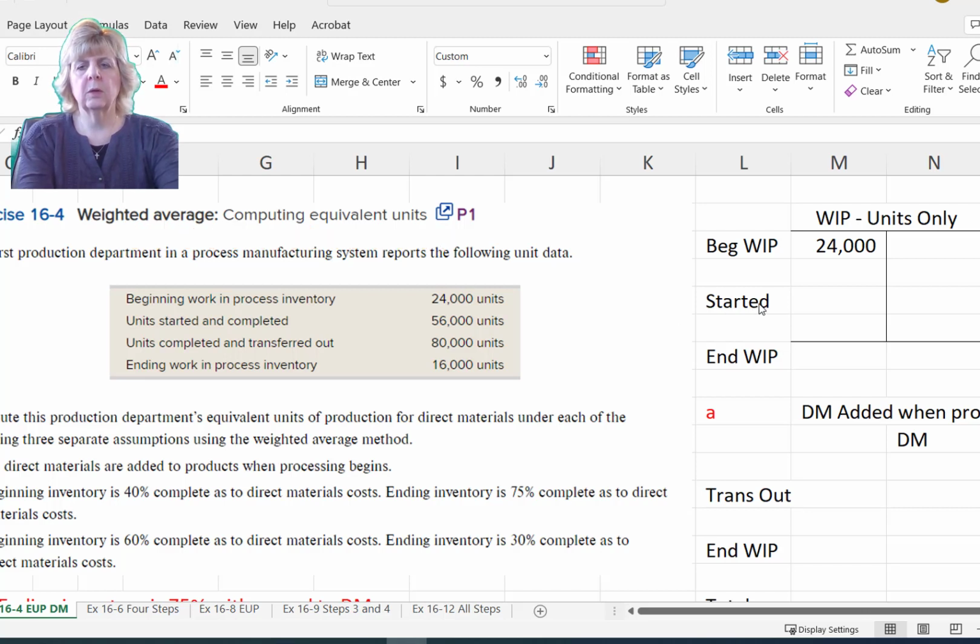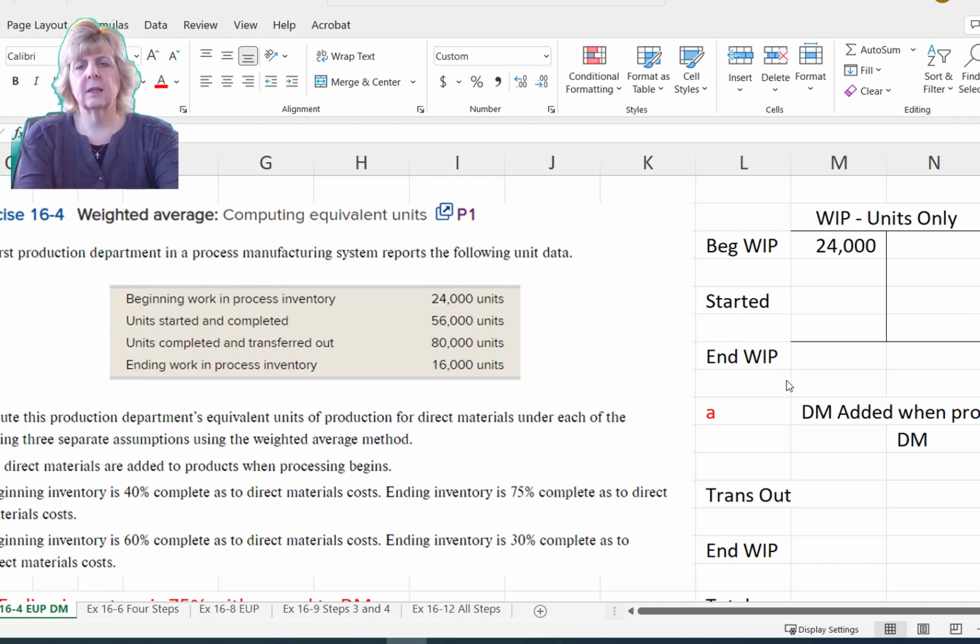Well, you'll notice that this little T account doesn't care about what was started and completed. What it cares about was units that were started during the month. And then what you're going to see shortly is that the first 2 line items here, beginning WIP and started, always have to equal the last 2 lines, the transferred out and the ending WIP.